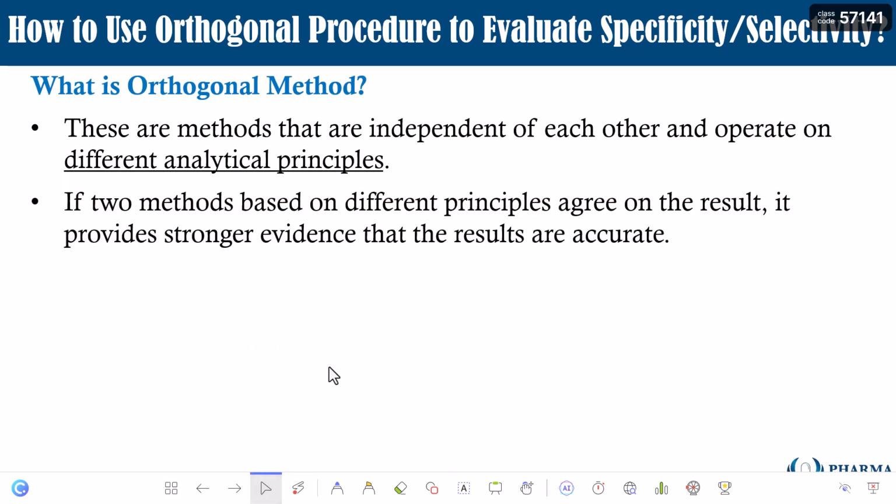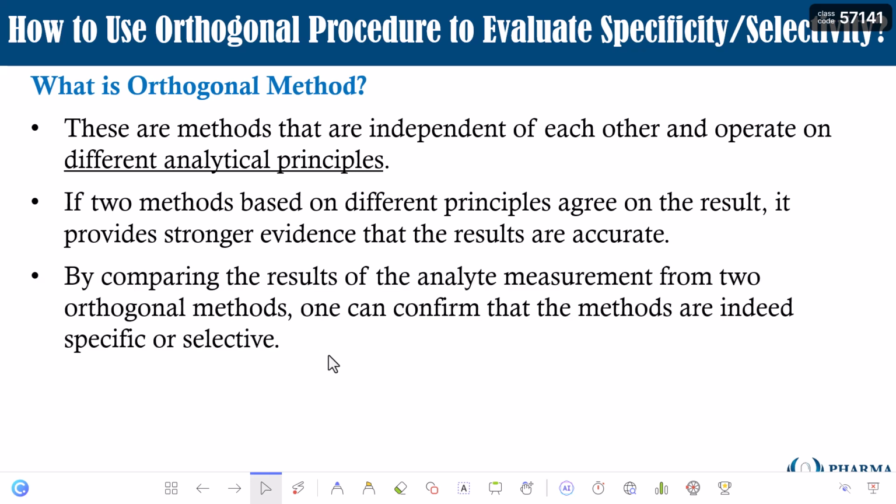If two methods based on different principles agree on the result, it provides stronger evidence that the results are accurate, because their separation mechanism can be different and their detection mechanism can be different. In spite of all those differences, they give the same result, so they must be accurate.